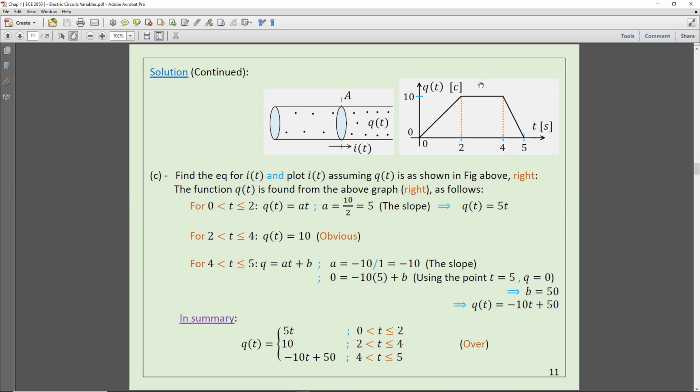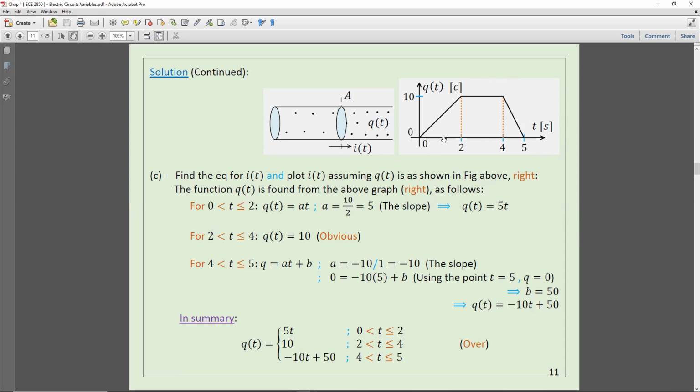If the line goes this way, pointing at the first and third quarters, the slope has to be positive. And if it goes this way, pointing at the second and fourth quarters, the slope has to be negative. I'm saying that because if you make a mistake, you can know this is wrong. Before I do the calculation, I know the slope here is positive and the slope here is negative.